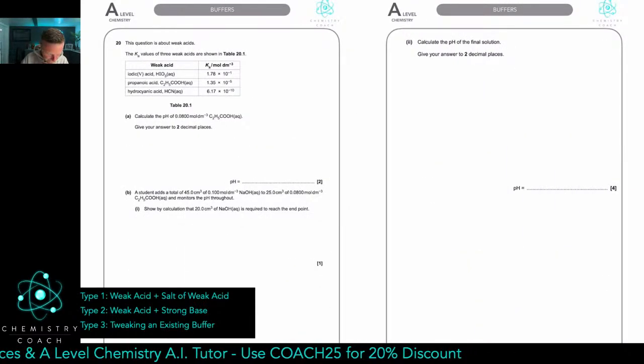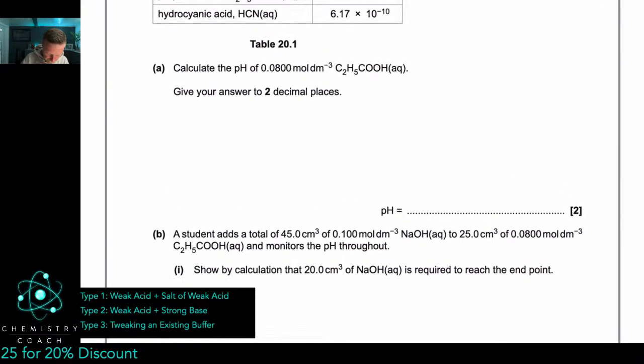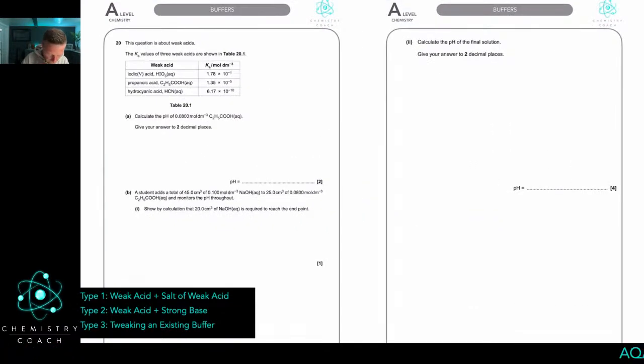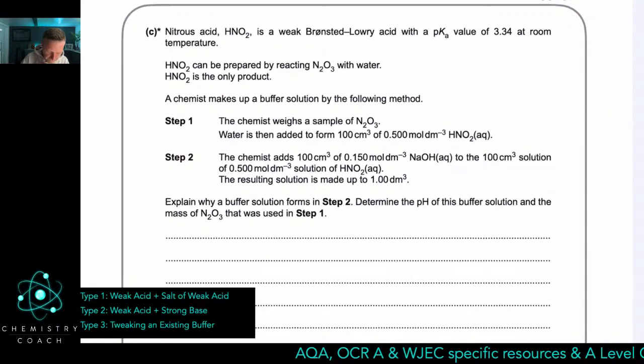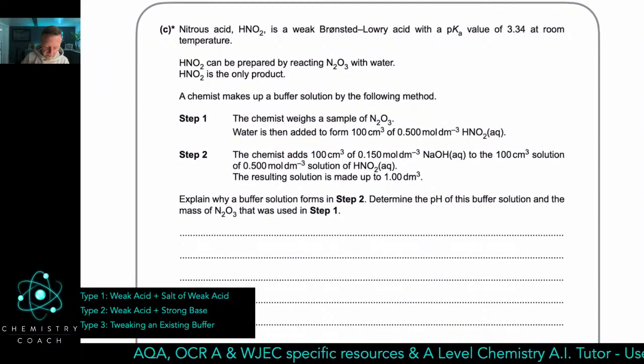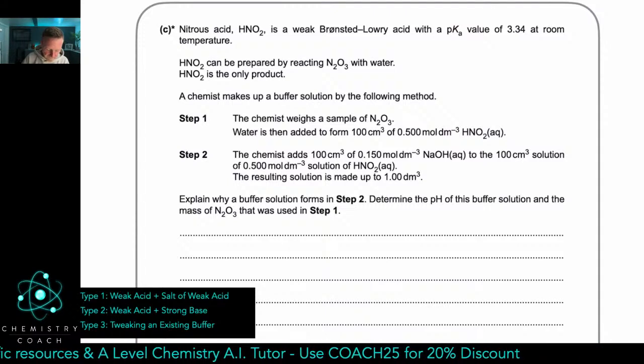Let's have a look at this one. Nitrous acid is a Bronsted-Lowry acid with a pKa value of 3.34.